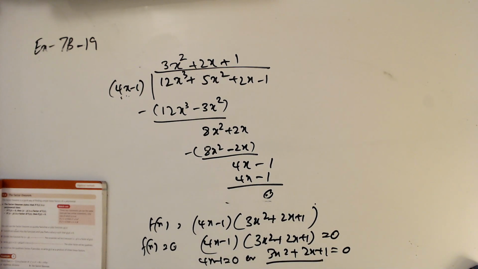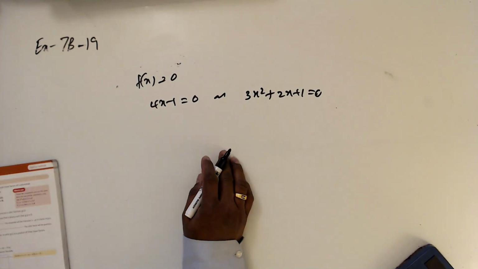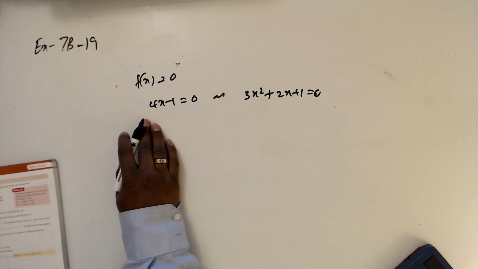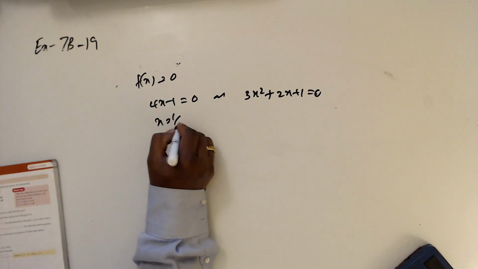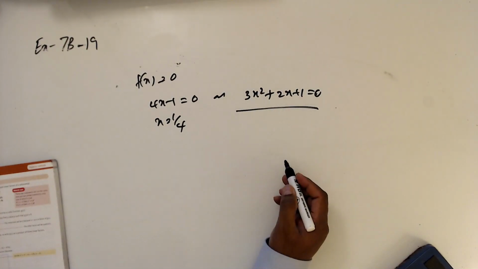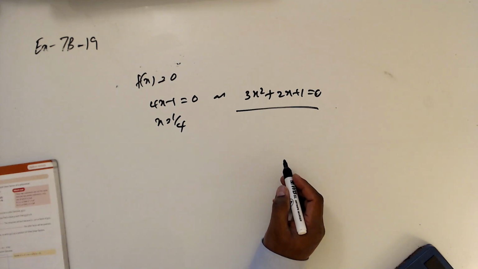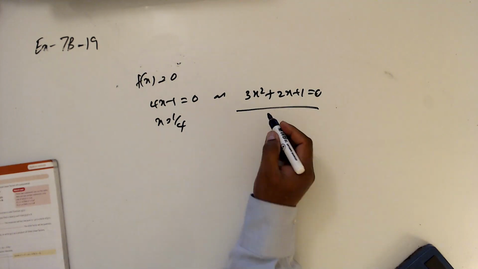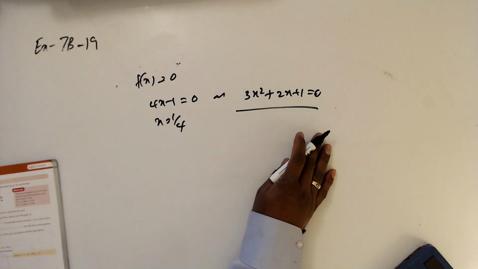But we can't factorize this one. We have already one solution, x equal 1 over 4, and there should be no roots for this one.